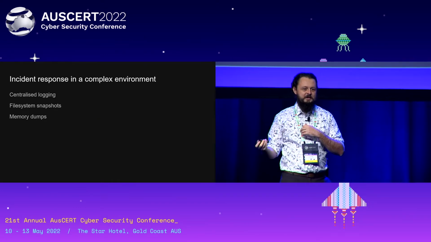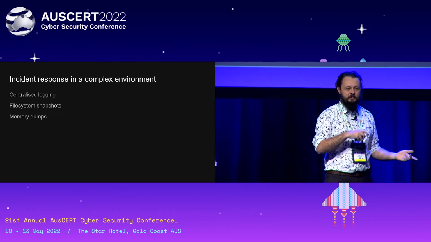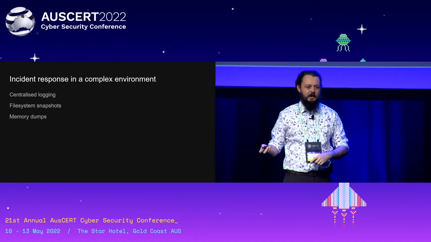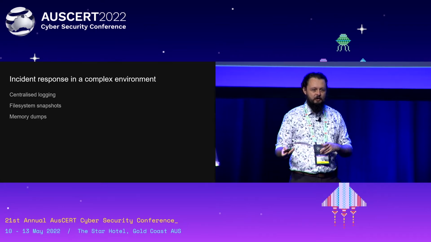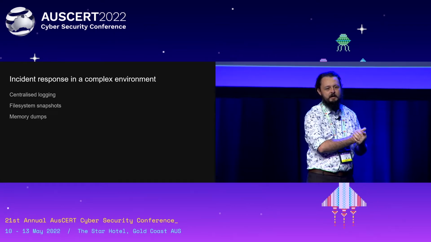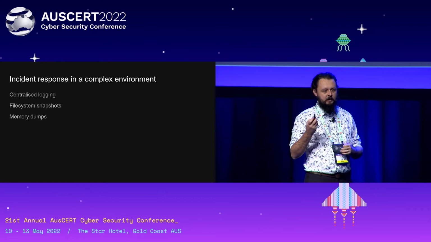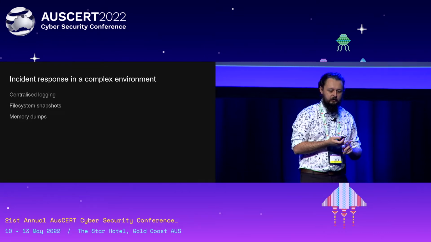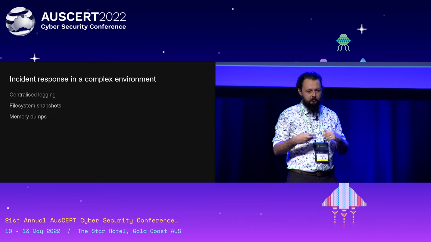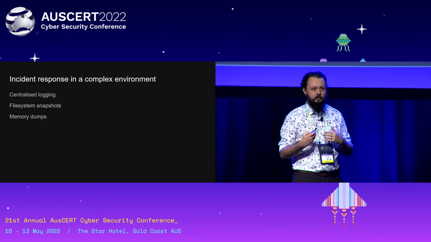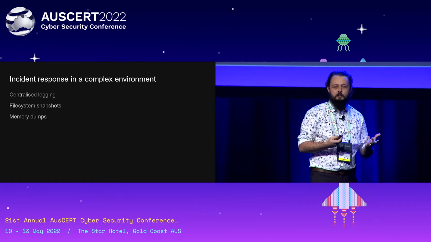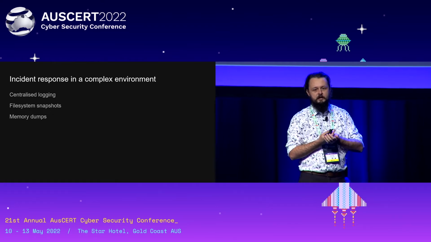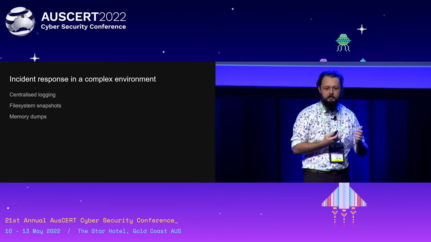So essentially, this gets into the point of incident response in a complex environment. And it's sounding awfully like my day job. The whole second point I had was cost effectiveness. In terms of setting up things like central logging, file system snapshots, memory dumps, that was all very easy. In terms of how I would respond in a production environment, you have to take into account so many things, like has there been data breaches?